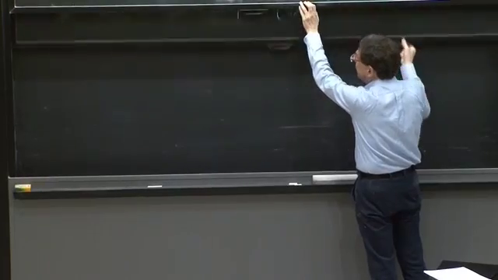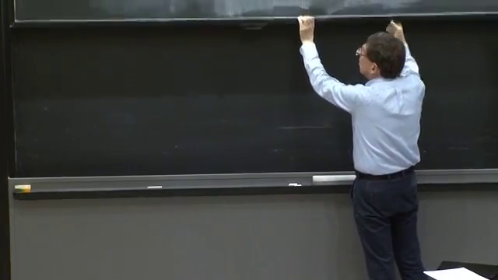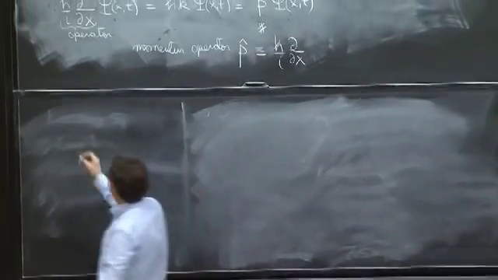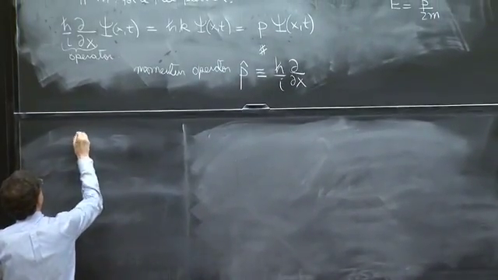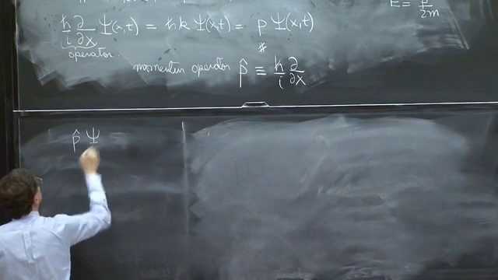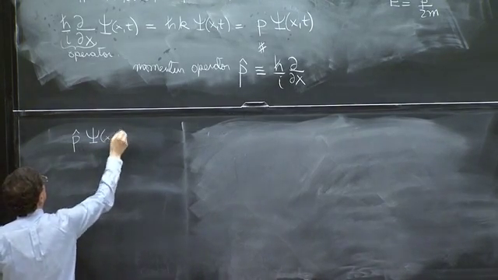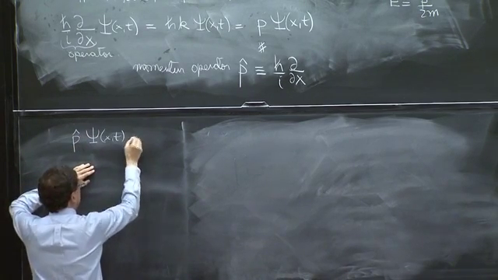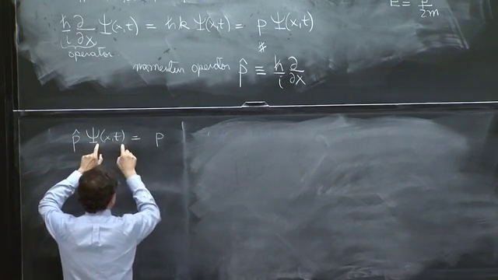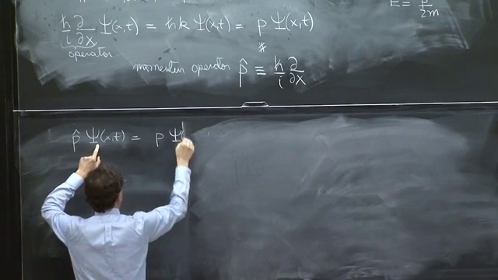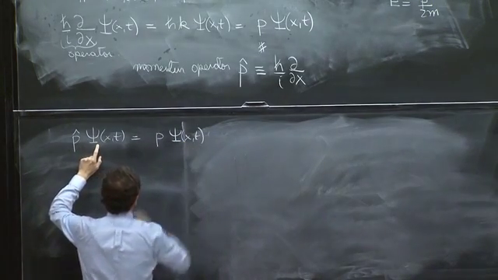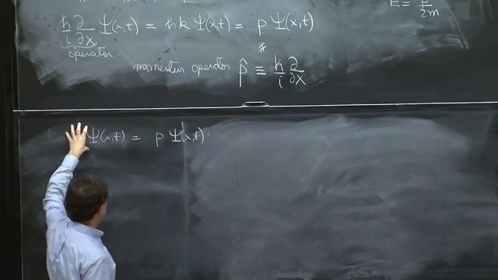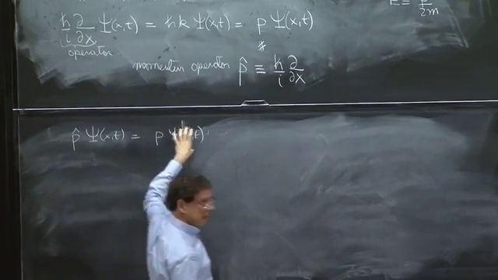Therefore, for our free particle, you can write what we've just derived in a brief way: p hat acting on psi, where this means the operator acting on psi, gives you the momentum of this state times psi of x and t. And that's a number. So this is an operator, state, number, state.